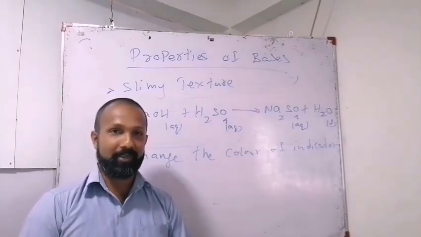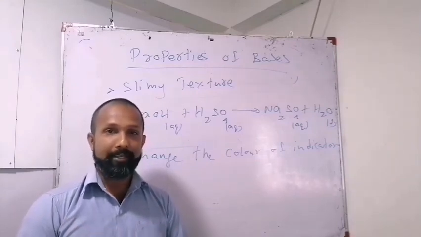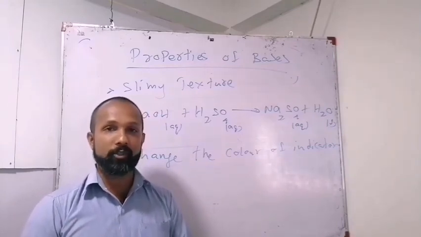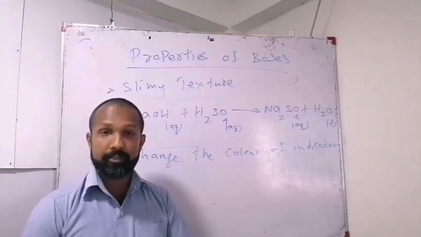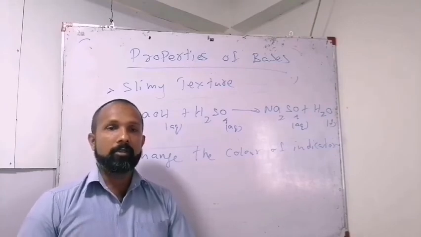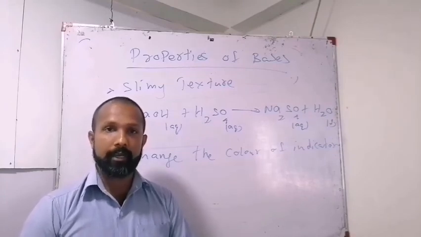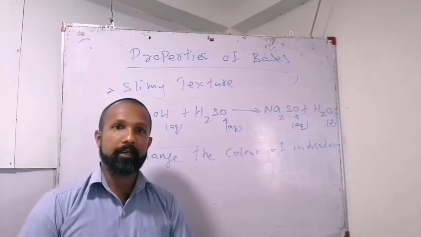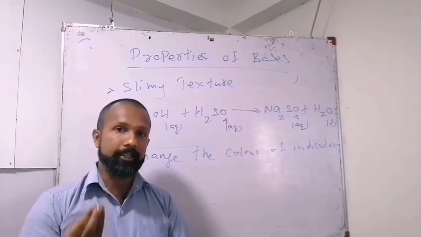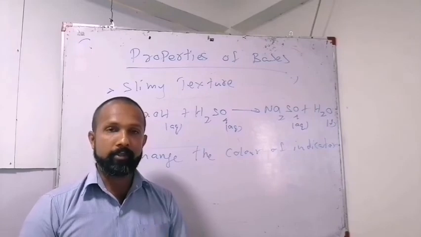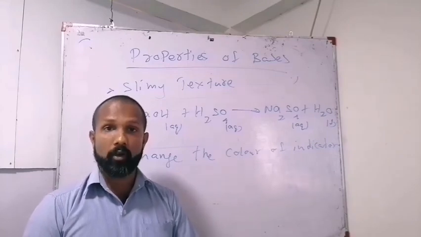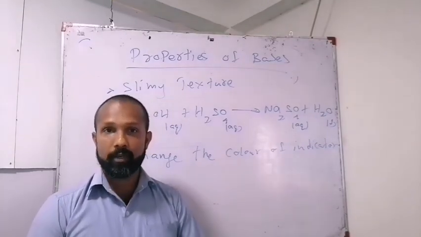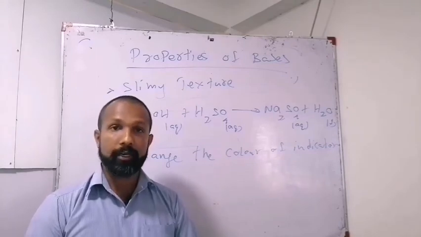Magnesium hydroxide is a base normally used as an antacid for patients with gastritis, a common disease in society. We usually take a tablet called dilution, which consists of a base called magnesium hydroxide. It is called an antacid. For other uses of bases, you can refer to page number 195 in your grade 11 science textbook.